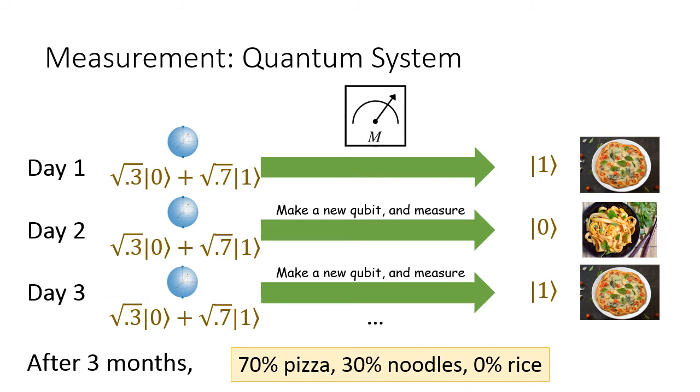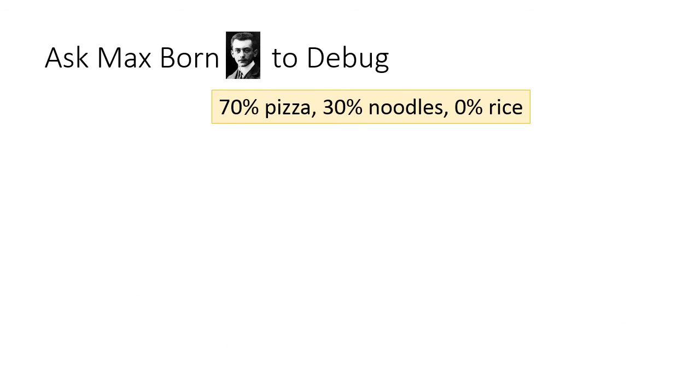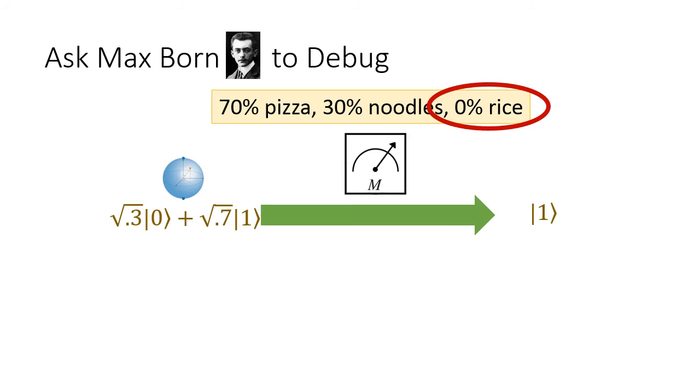So what happened? Bob is very curious, and he asks his friend Max Born to find out the bug in their approach. And Max Born listens to their story and finds that, first, why there is 0% of rice. He said that Bob did not understand some properties of quantum measurement.